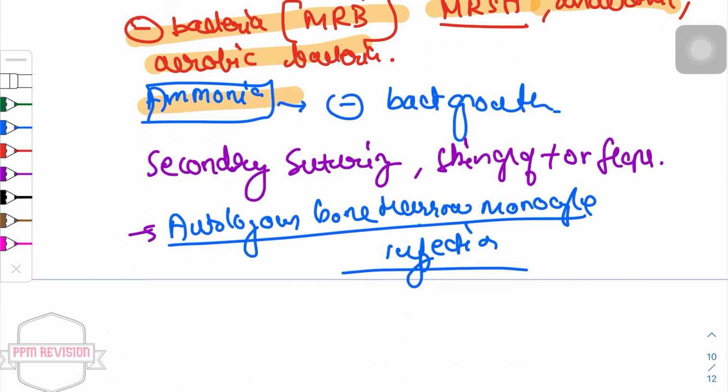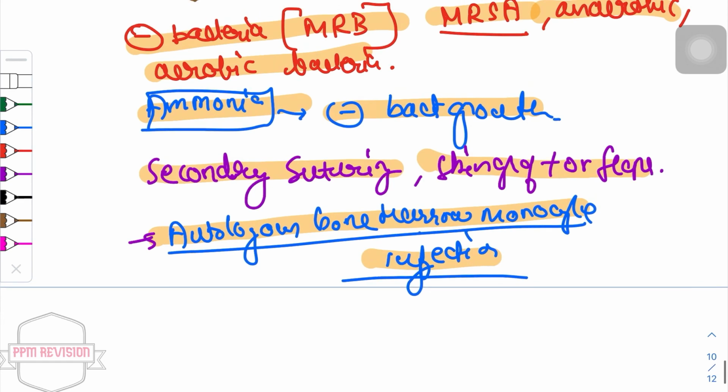Ammonia is produced and decreases bacterial growth. Secondary suturing is done, and skin graft or flaps can be done. Autologous bone marrow monocyte injection is also performed, and this is a new concept.